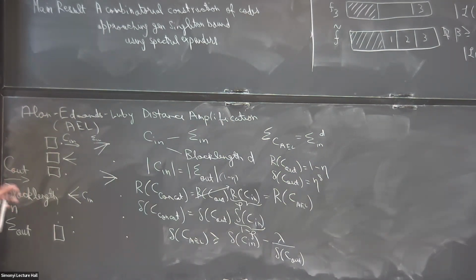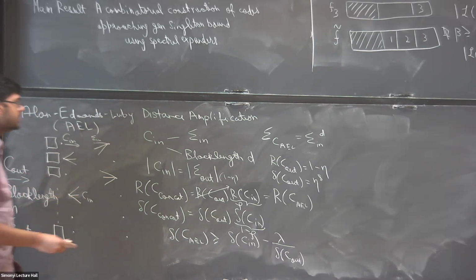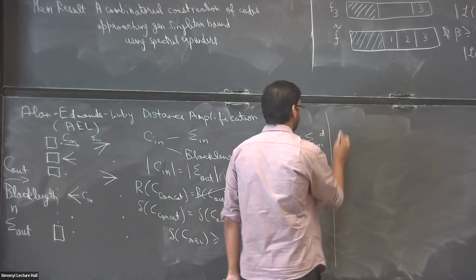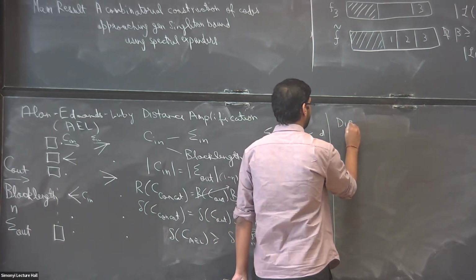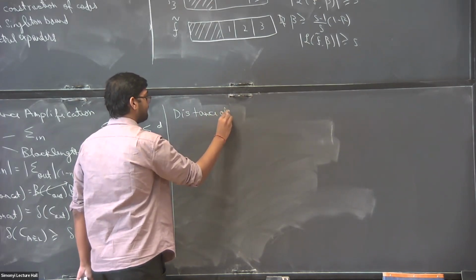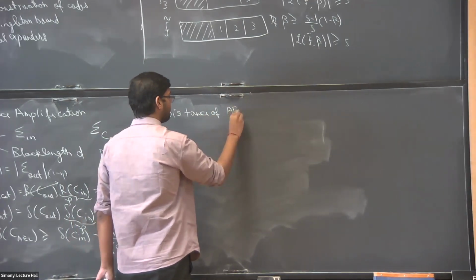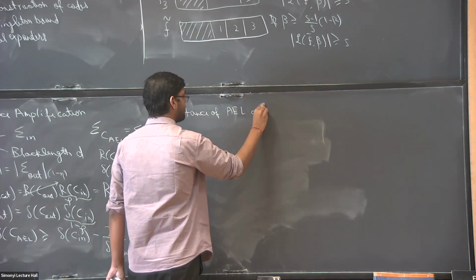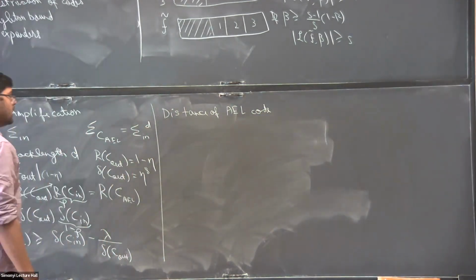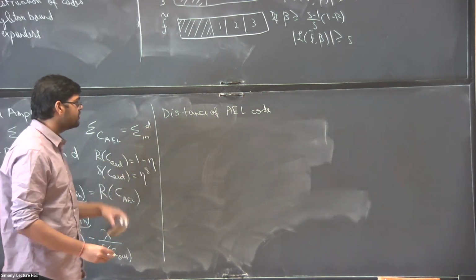Let's see the proof of it. It's really simple. The rate computation is pretty much already there, so let's focus on the distance. Let's look at the distance of this AEL code.